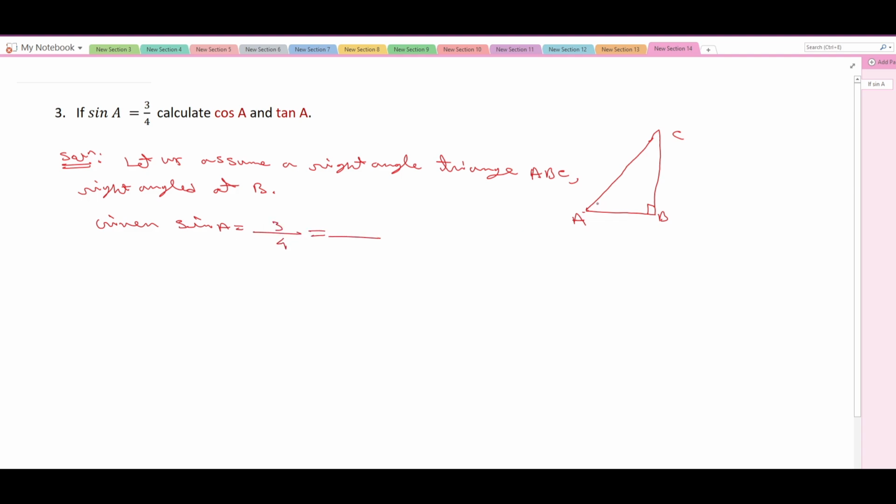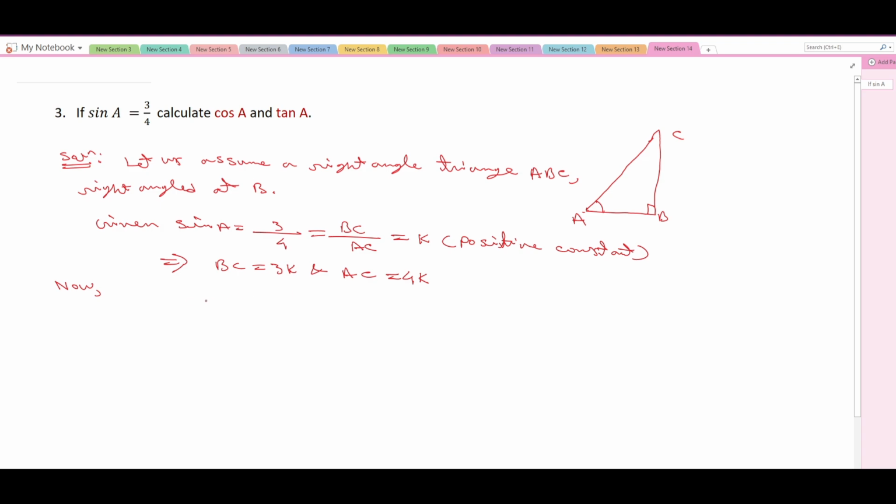Since sin A equal to BC by AC, let this be equal to K, where K is a positive constant. From this we can write BC equal to 3K and AC equal to 4K.